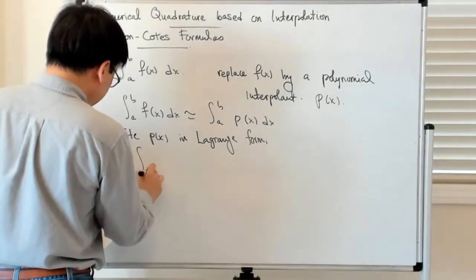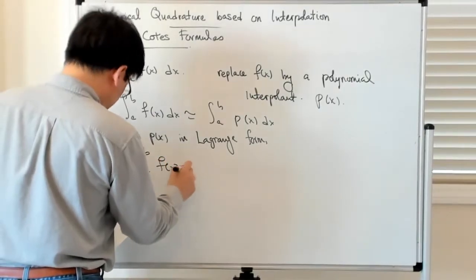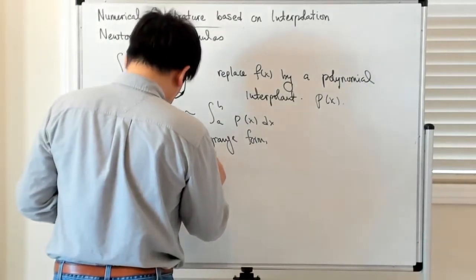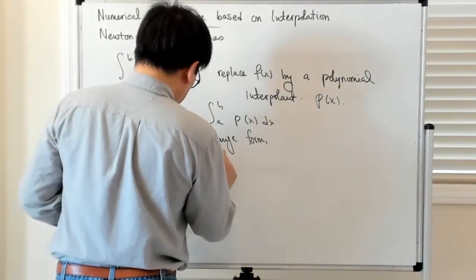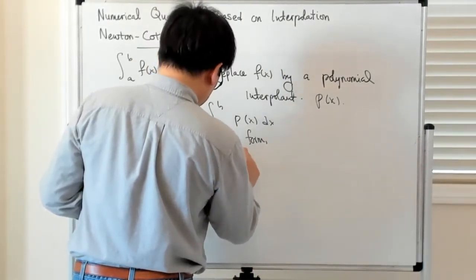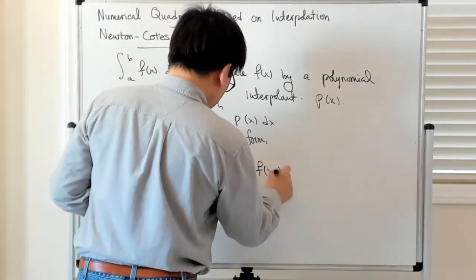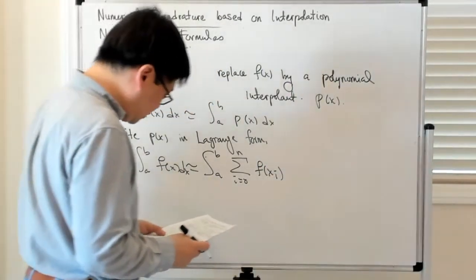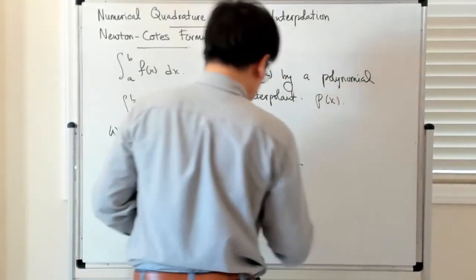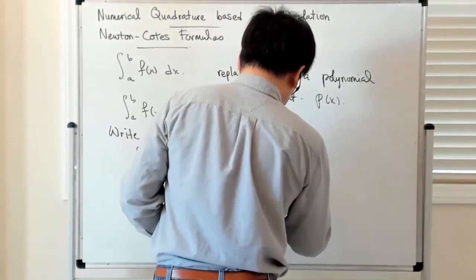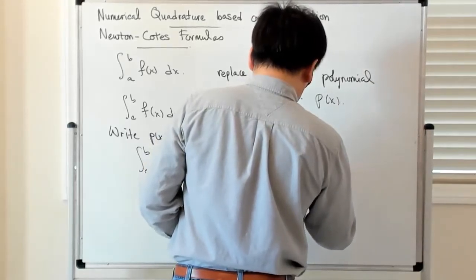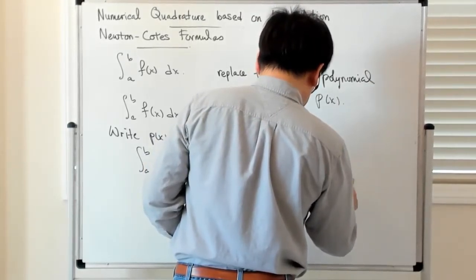So you get the integral from a to b of f of x dx, which is approximately equal to the integral from a to b of the sum from i equals 0 to n of f at xi, where the xi's are the interpolation points you talked about before, multiplied by the Lagrange polynomials: the product over j from 0 to n, j not equal to i, of x minus xj over xi minus xj.